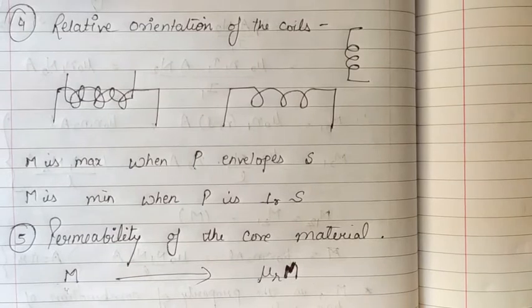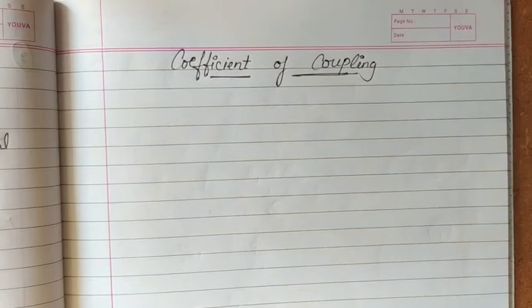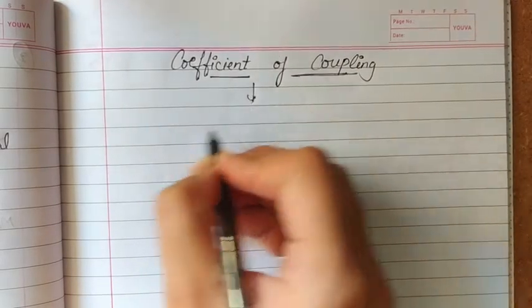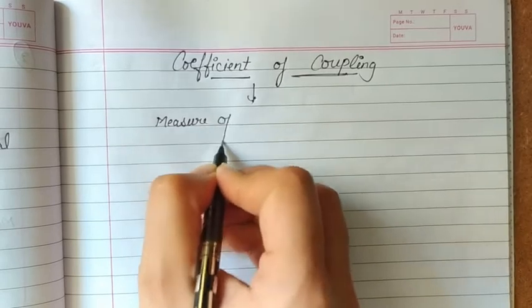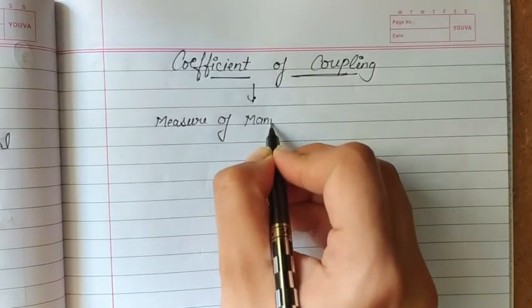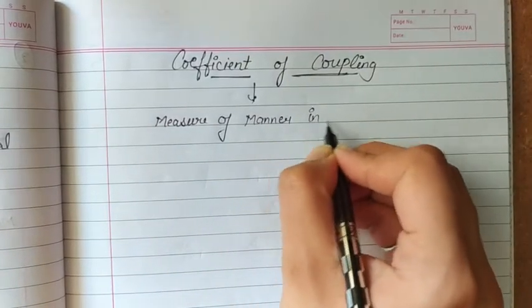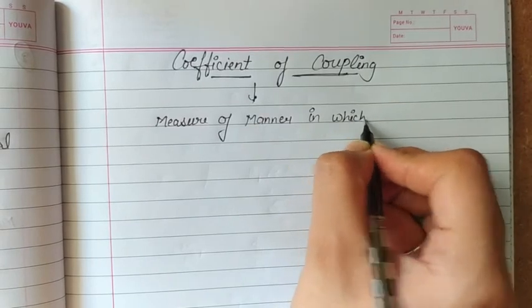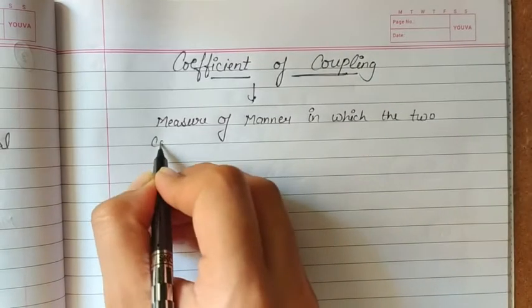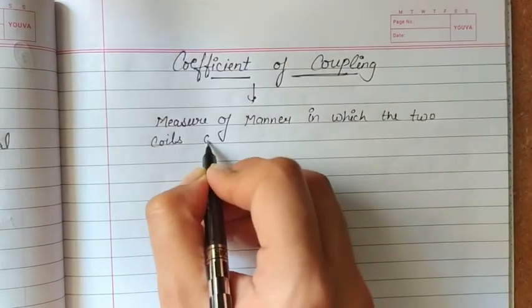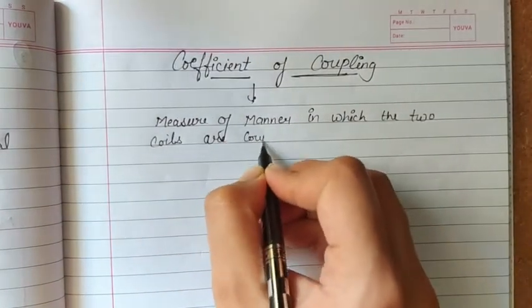Next thing is the coefficient of coupling. Now the coefficient of coupling is actually the measure of manner in which the two coils are coupled or linked together.